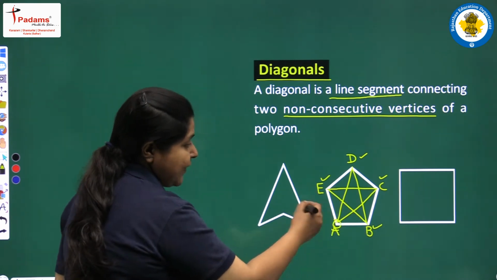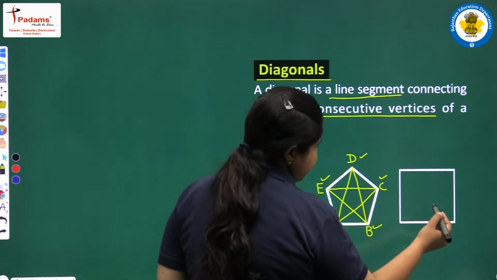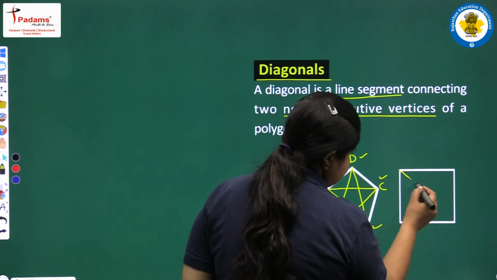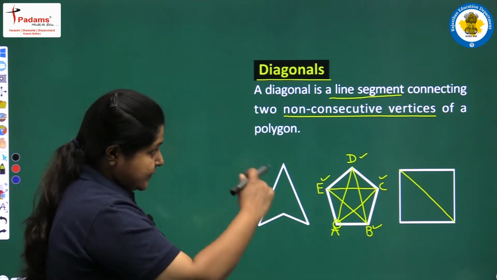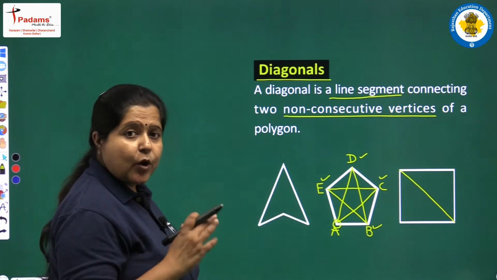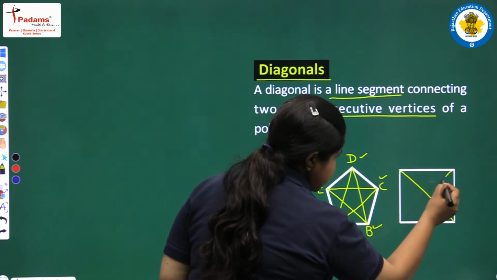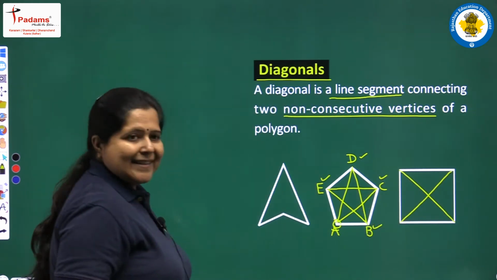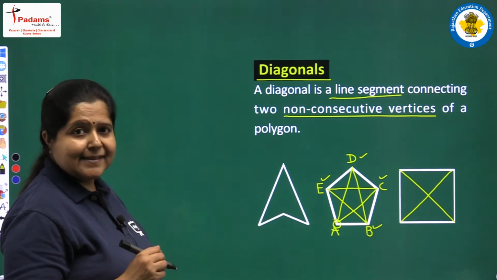You can see there are 5 sides, it is a pentagon. Also again it is a quadrilateral. We can join the opposite vertices and then the line segment that we get is called a diagonal. Also let us join these two opposite vertices. These are the line segments which are called diagonals.